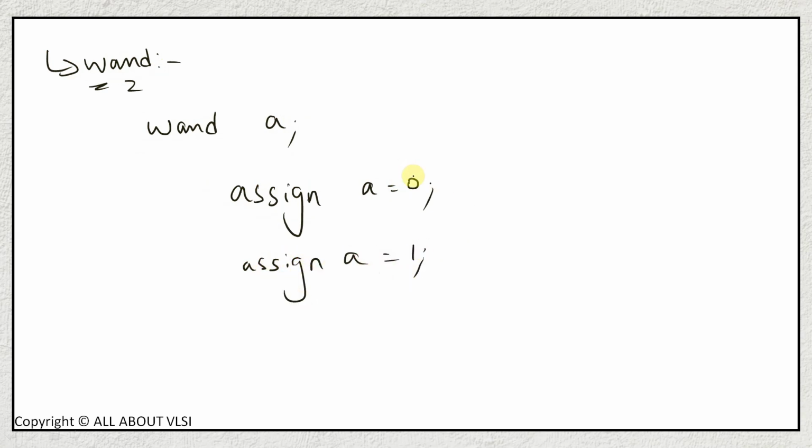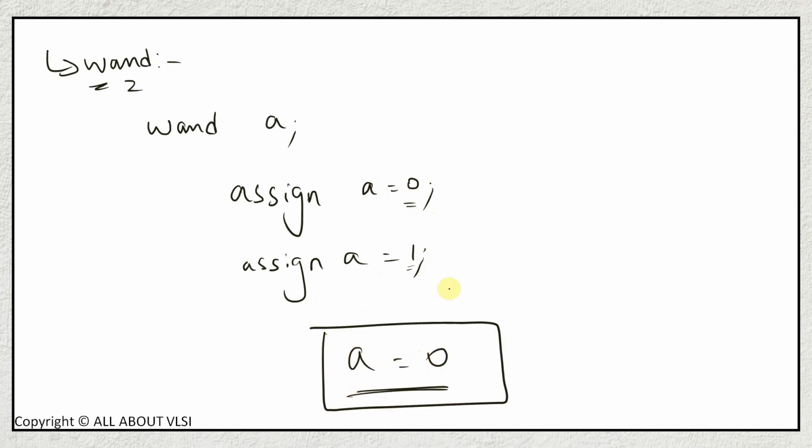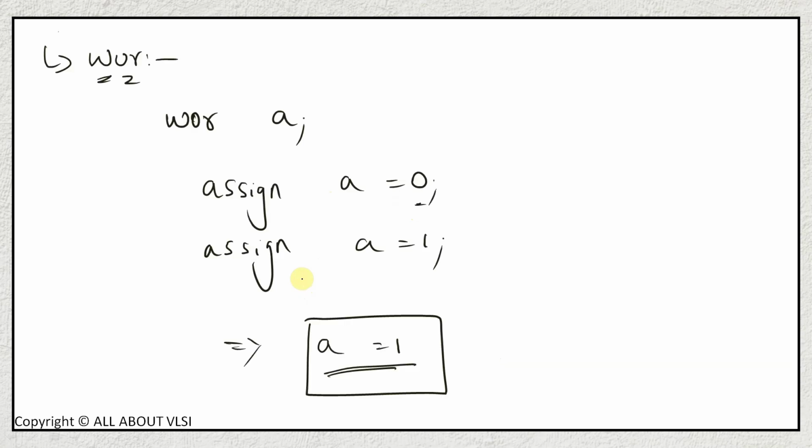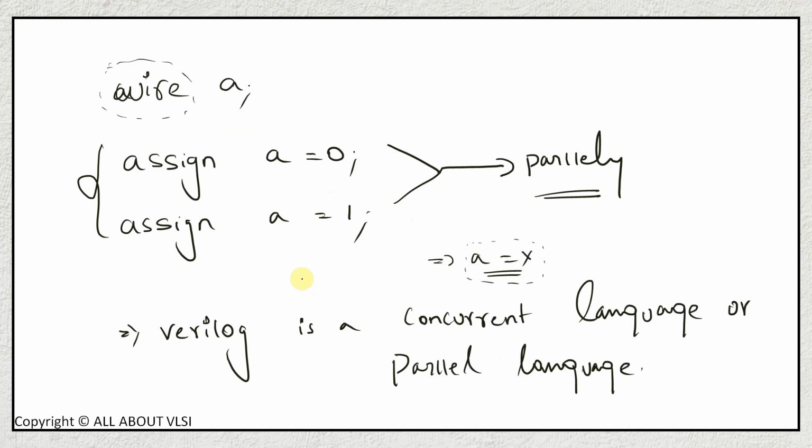The AND operation will be performed on 0 and 1, the resultant is 0, and that will be driven onto the variable a. So this is how we use var, vand and wire. Depending upon our requirements, we use our data types.